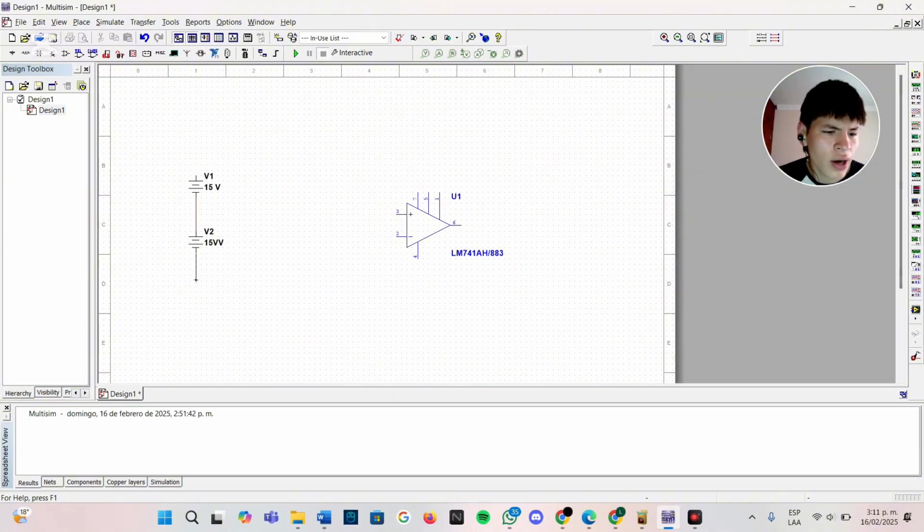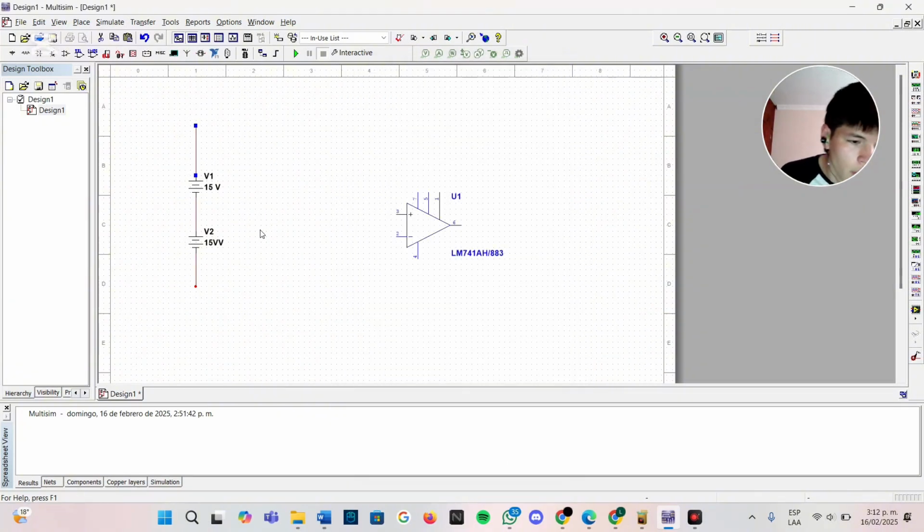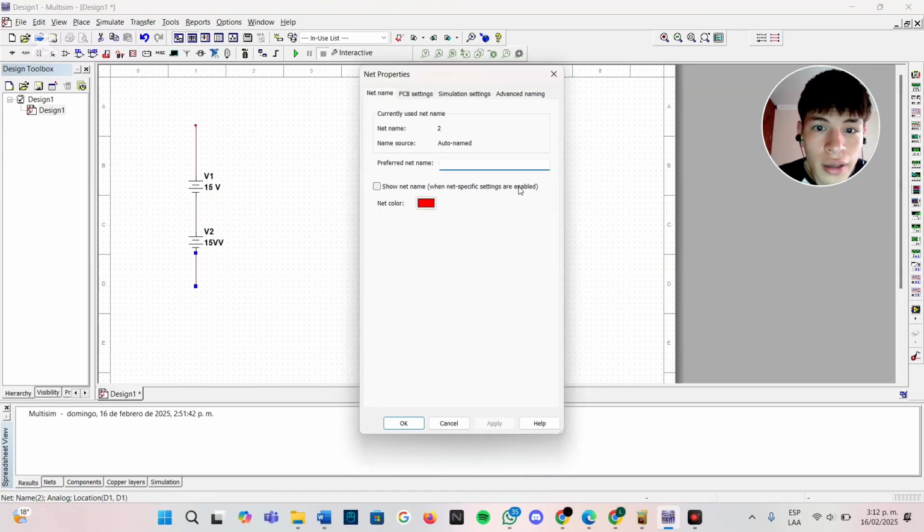And where are the top and the positive part? In the positive part, it is plus VCC, and on the bottom negative part, it's VSS.